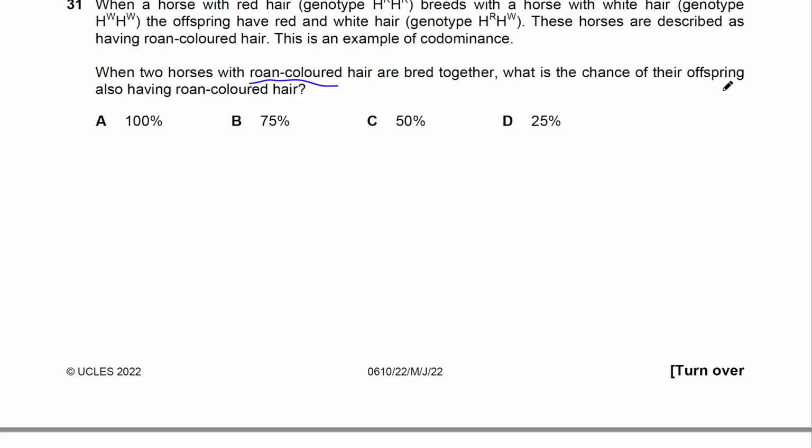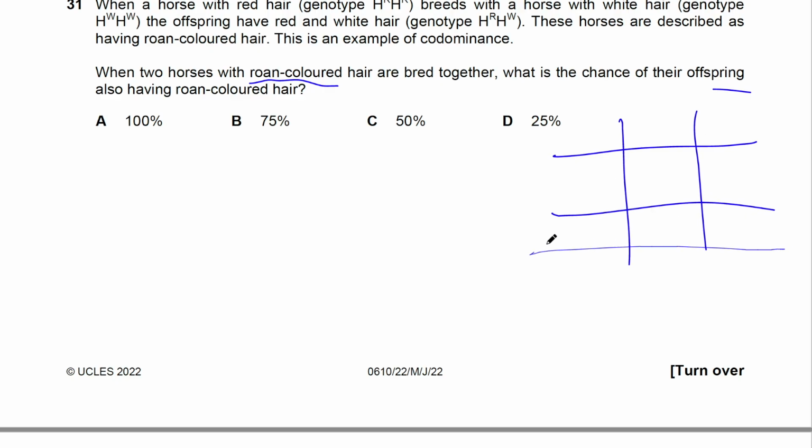As simple as that. Let's do the Punnett square. So we have two different colors, so we will distribute the alleles: HR capital, HW. So what is the chance of their offspring also having roan color?